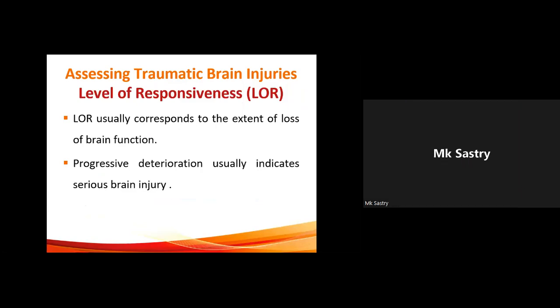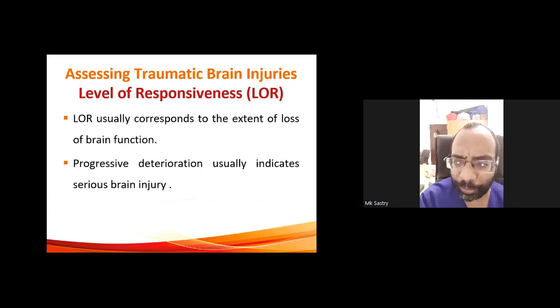It corresponds to the extent of loss of brain function, and if it progressively deteriorates, it usually indicates a serious brain injury. The patient becomes more and more sick and later on he dies.